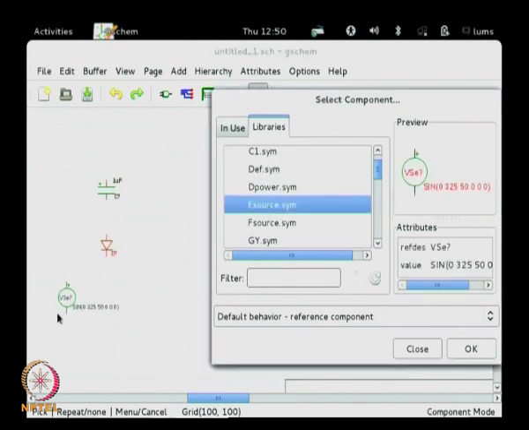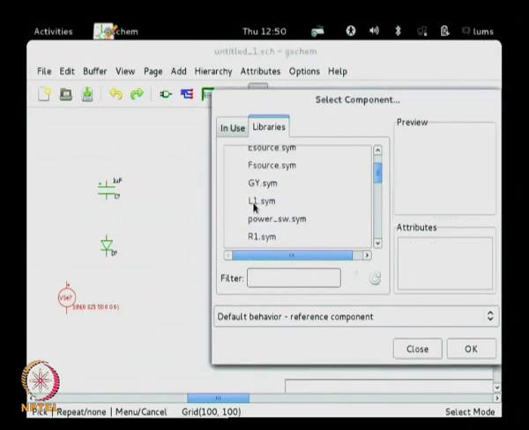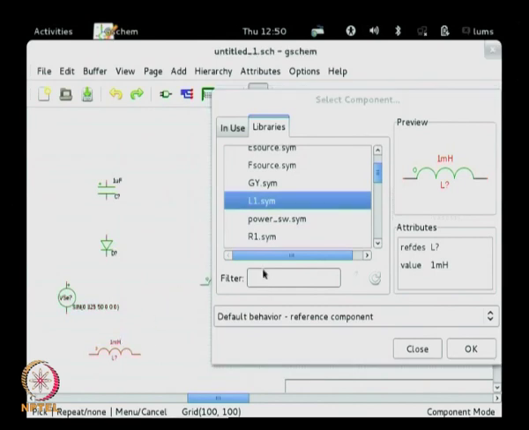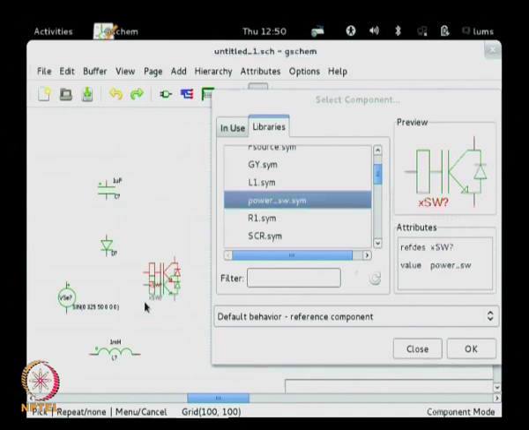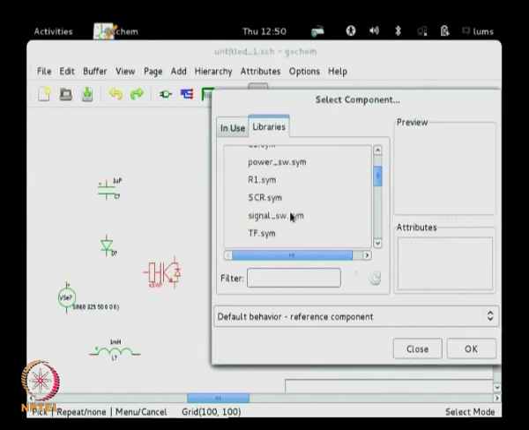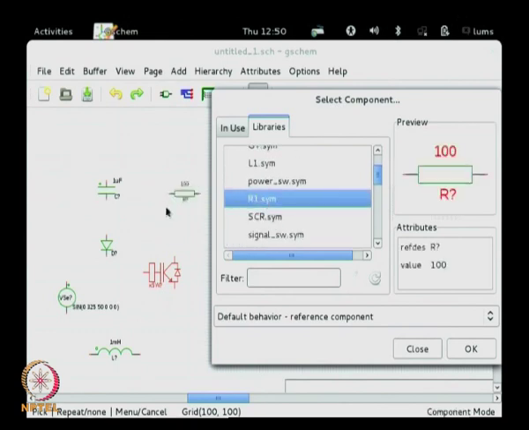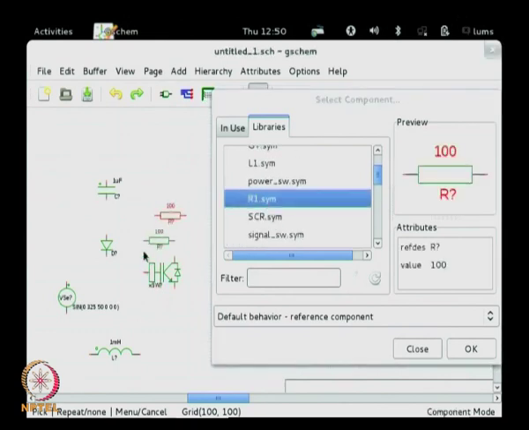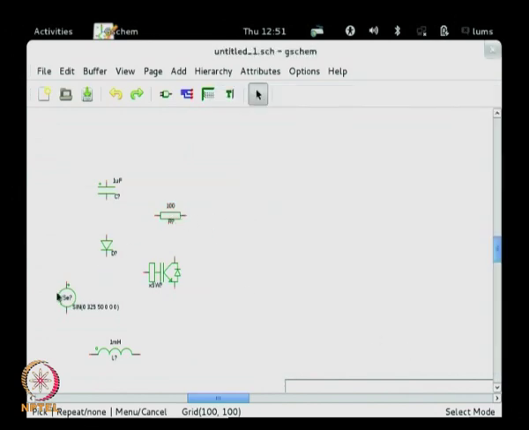I will need to have a source, a DC source. I will need an inductor, then I will need a power switch, and of course, I will need a resistor. Okay. So, let me rearrange all these.